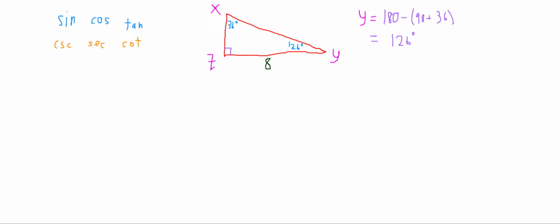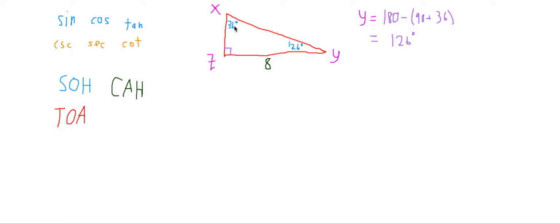And as a recap, you can use the acronym: SOH, which is short for sine opposite hypotenuse; then you got CAH, cosine adjacent hypotenuse; and then you got TOA, tangent opposite adjacent.